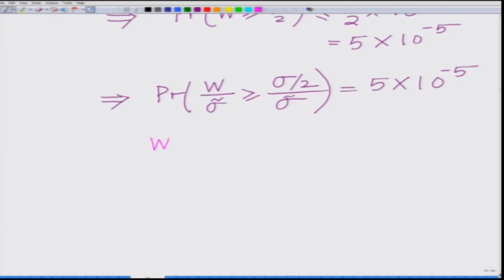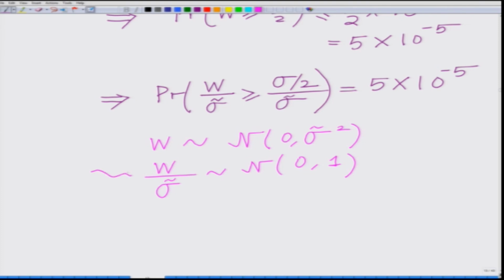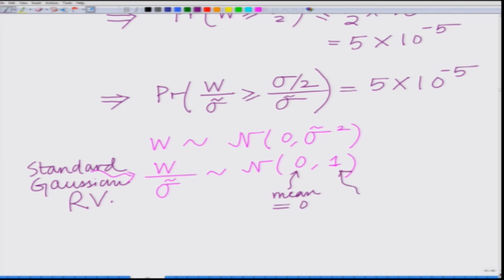W is a Gaussian random variable with mean 0 and variance sigma tilde square, which implies w divided by sigma tilde is a Gaussian random variable with mean 0 and variance 1. This is also known as a standard Gaussian random variable, because mean equals 0 and variance equals 1.